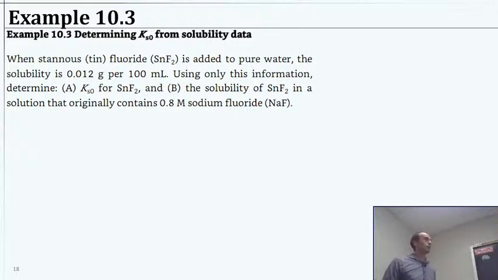Using only that information, determine the solubility product for SnF2, and then B, consider, I'm just going to add in a little how you would go about determining the solubility of SnF2 in a solution that originally contains 0.8 moles per liter of sodium fluoride. So that's the common ion effect. I'll give you a couple minutes to get part A, and then think about part B, and then we'll take a look together.